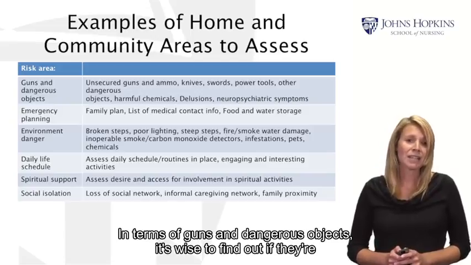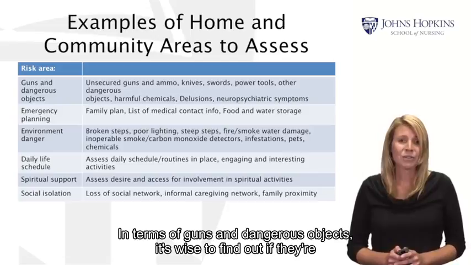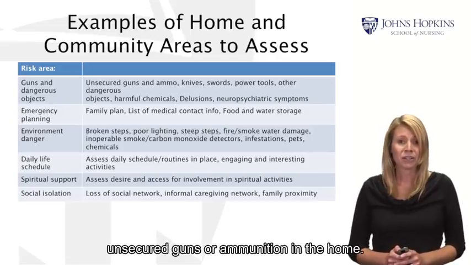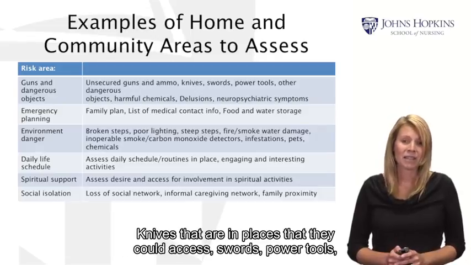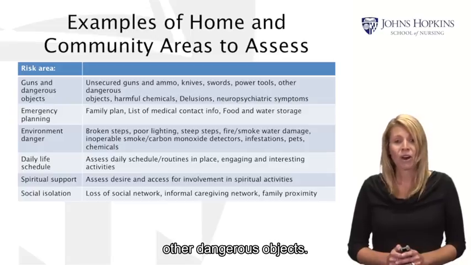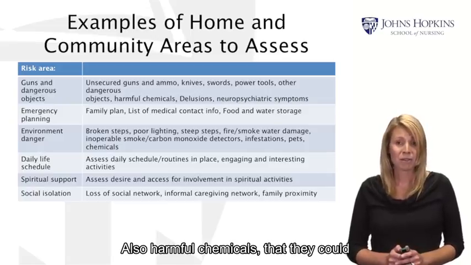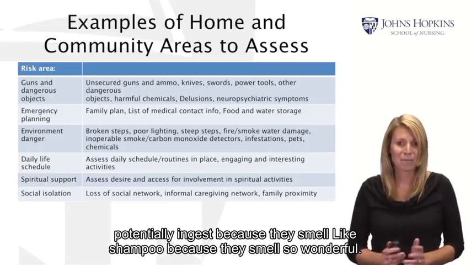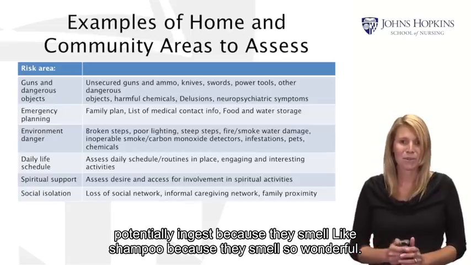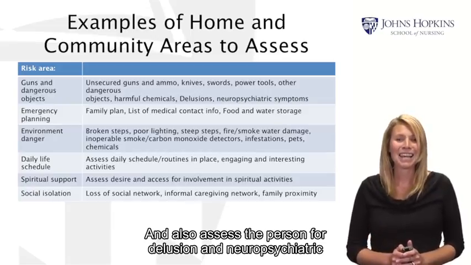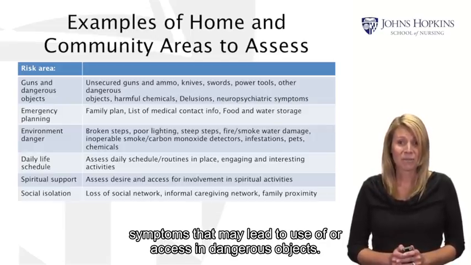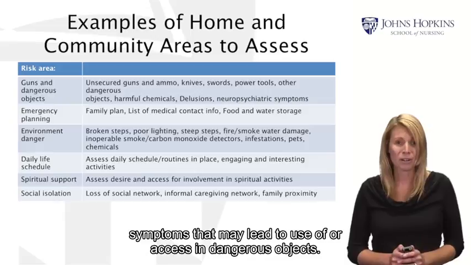In terms of guns and dangerous objects, it's wise to find out if there are unsecured guns or ammunition in the home, knives that are in places that they could access, swords, power tools, other dangerous objects, also harmful chemicals that they could potentially ingest because they smell like shampoo, because they smell so wonderful, and also assess the person for delusions and neuropsychiatric symptoms that may lead to use of or accessing dangerous objects.